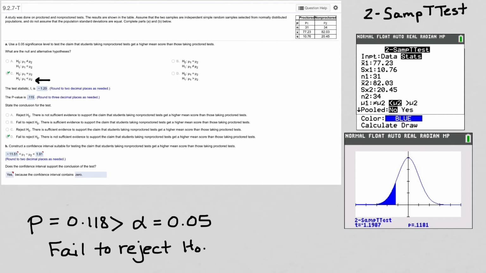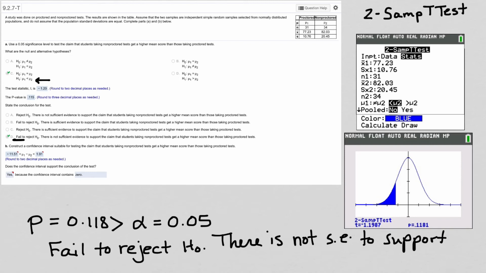So since we did not reject the null hypothesis, there is not sufficient evidence to support the claim. Okay, so that's why we want to choose D here.